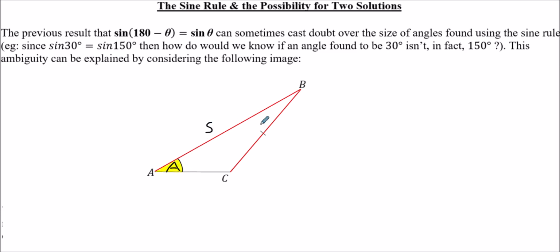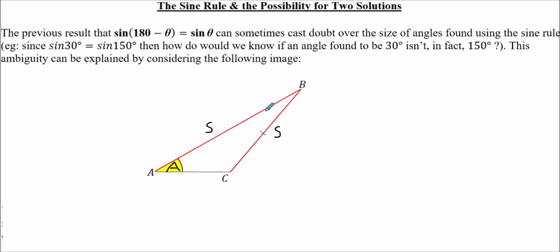If we were given just an angle, a side next to it, then a side next to the other side, would that be sufficient to know that it must be exactly this triangle? Well, maybe it is this triangle, or maybe it could be used a different way.